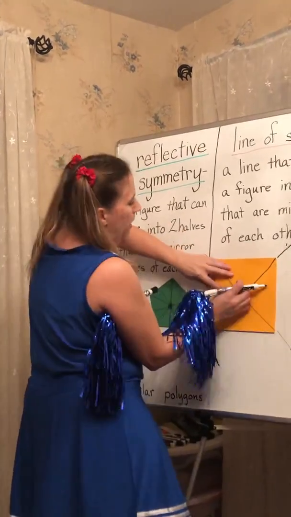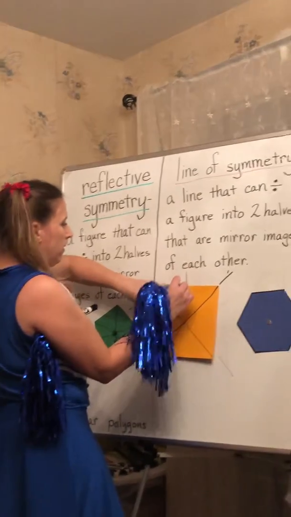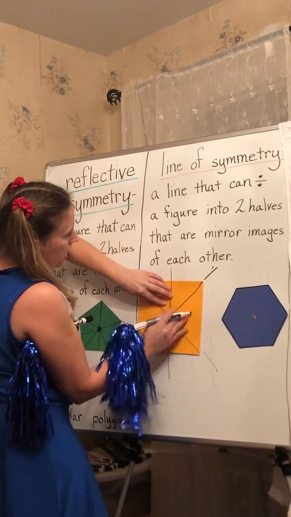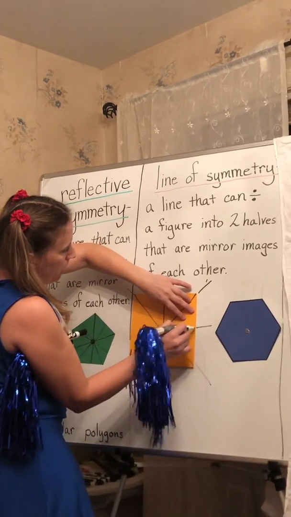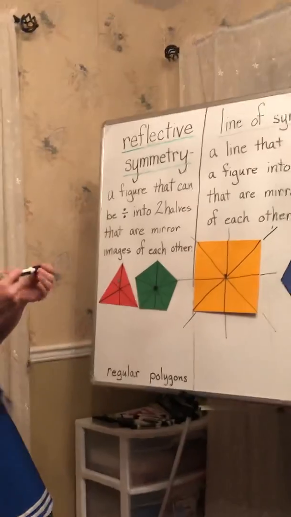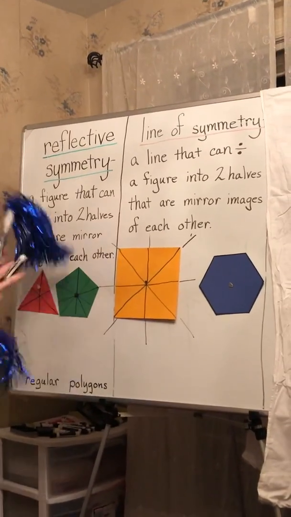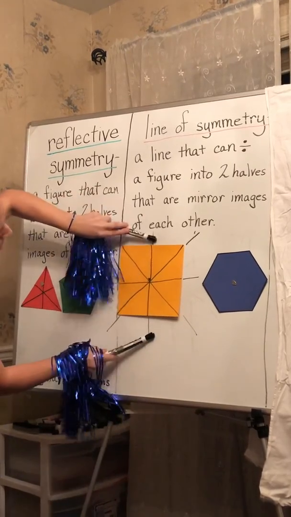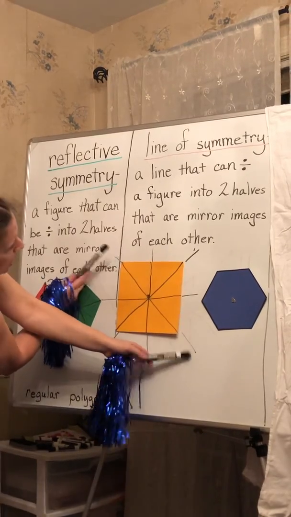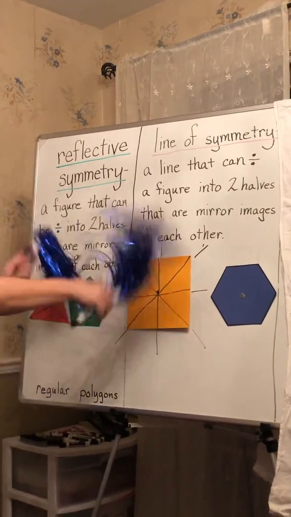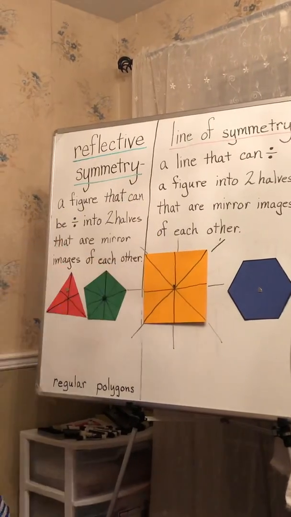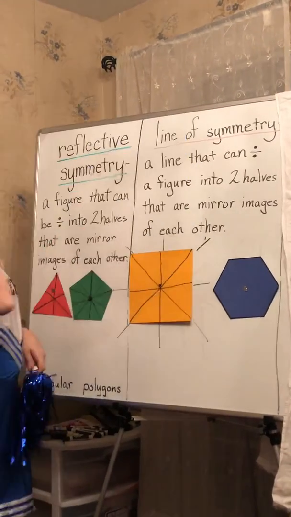So if we divide through the top side to the bottom and the right side to the left, that gives us how many lines of symmetry? We have 1, 2, 3, 4 lines of symmetry in our square, just like before. 4 sides, 4 vertices, 4 lines of symmetry.